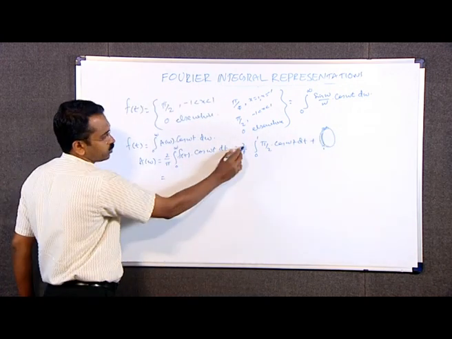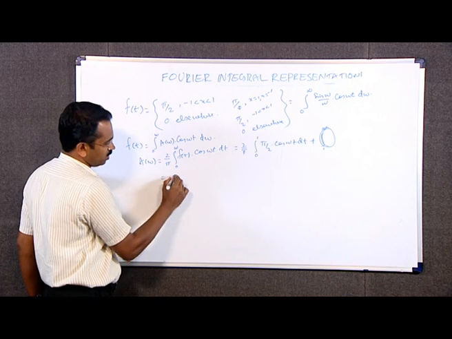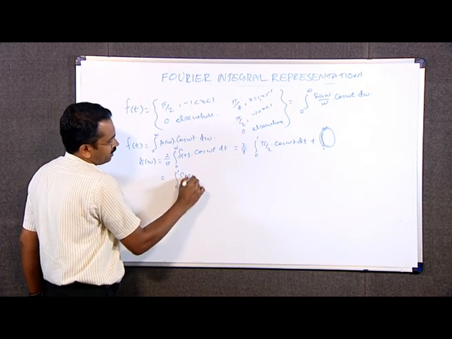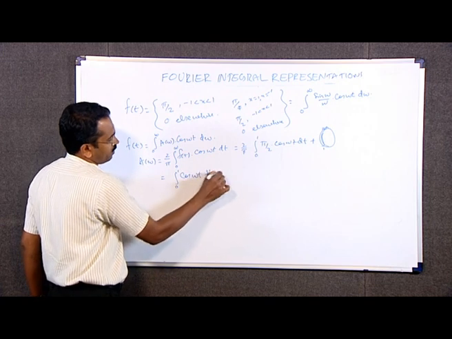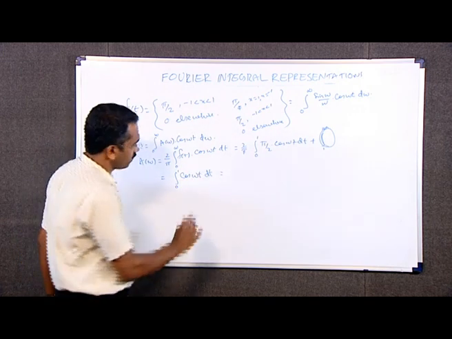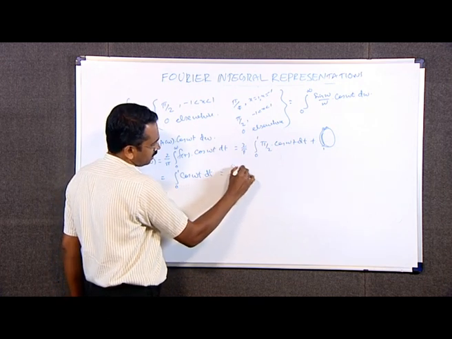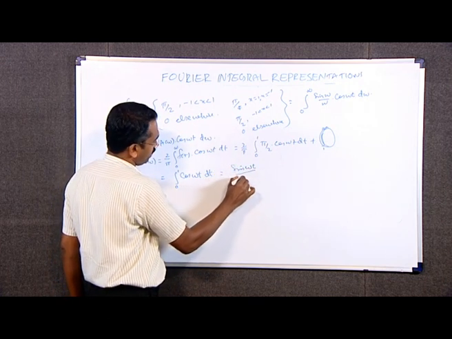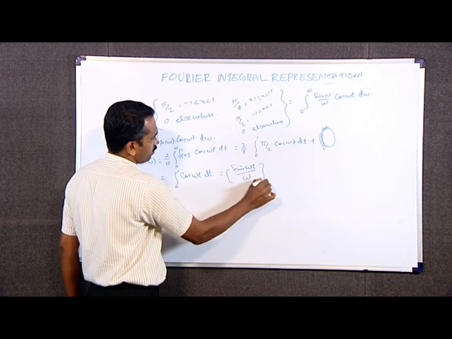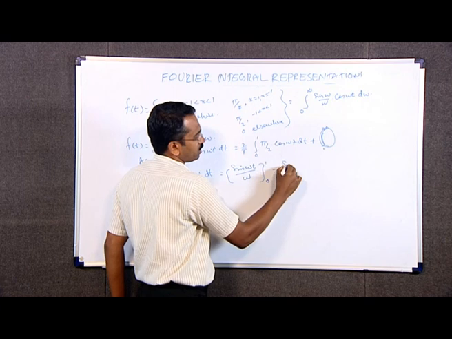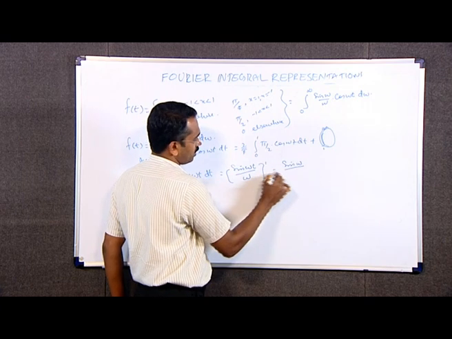This is equal to 2 by pi into pi by 2, which is 1, integral from 0 to 1 cos omega t dt. The integral of cos omega t dt is sin omega t divided by omega between the limits 0 and 1, that is sin omega into 1, sin omega divided by omega.